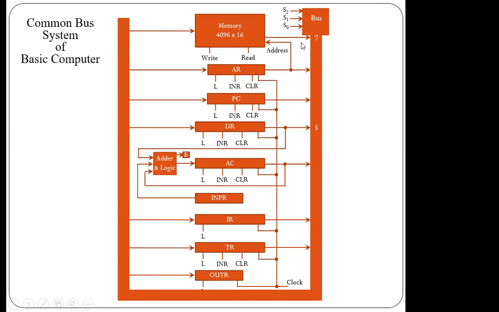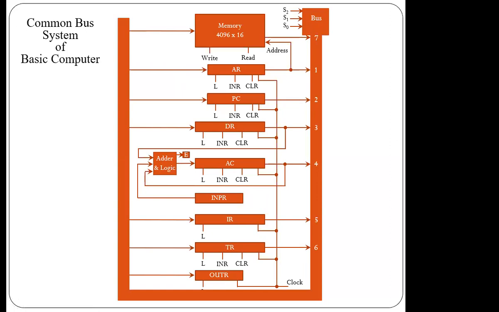So here you can see that one number is written along with each register and memory, right? You can see it. I will give you one more diagram, which is easier compared to the diagram in front of you.